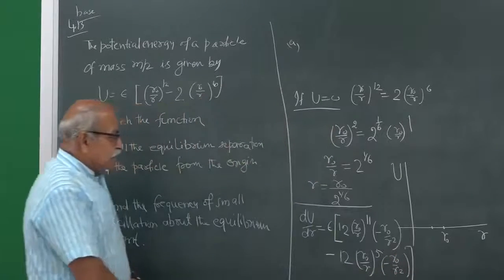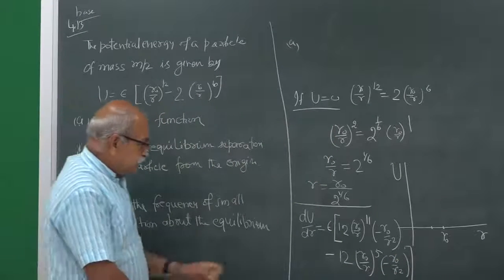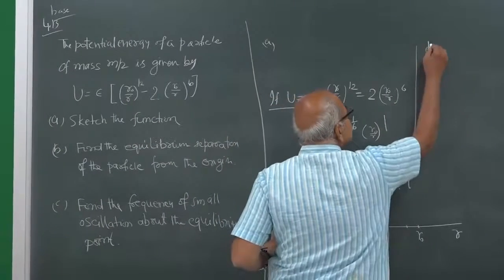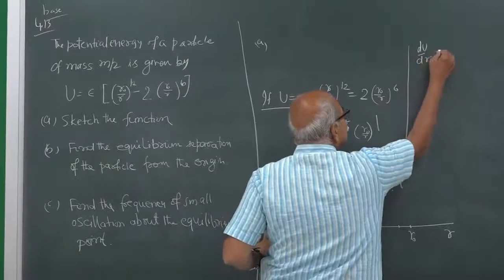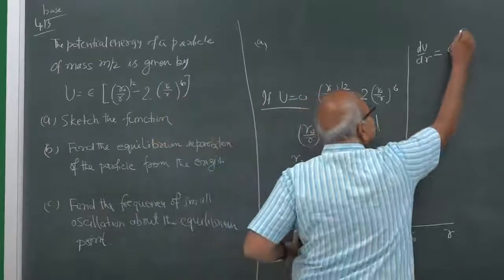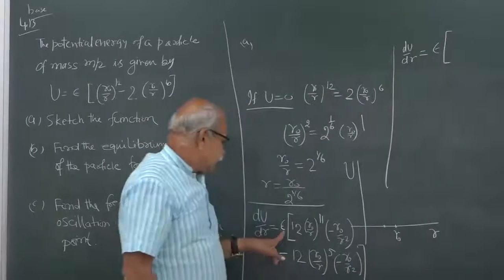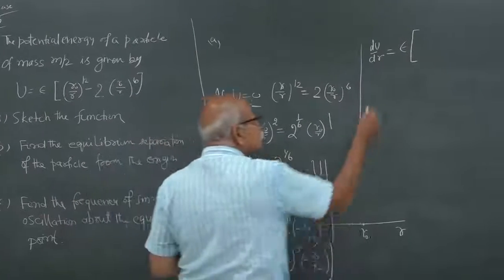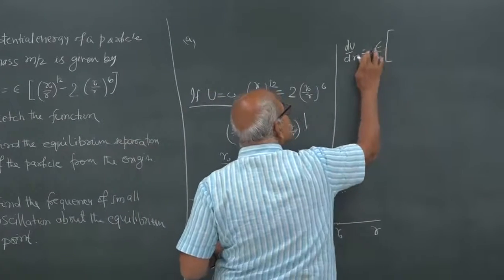That is du dr. So, let me write it in a somewhat more manageable fashion. du dr is equal to epsilon and then square bracket. Now, it is 12 here, 12 you can take out if you so wish. So, 12 I can write somewhere here.